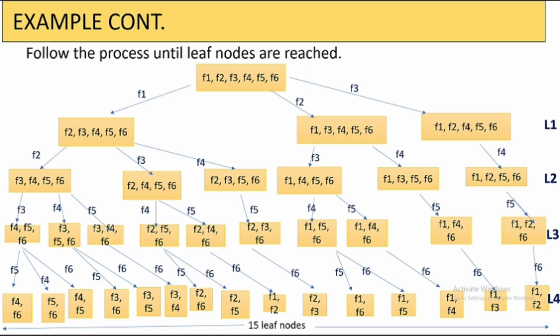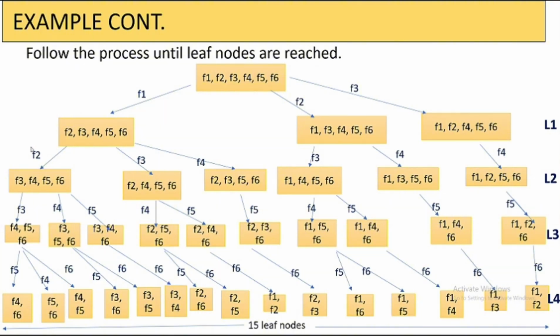So you have to follow the process until leaf nodes are reached. This is the level 1 I showed in the previous slide. Then again from those child nodes I have to remove one feature and create these child nodes. So this level 2 is created. For example, here this is the child node I created earlier with the features f2, f3, f4, f5 and f6.